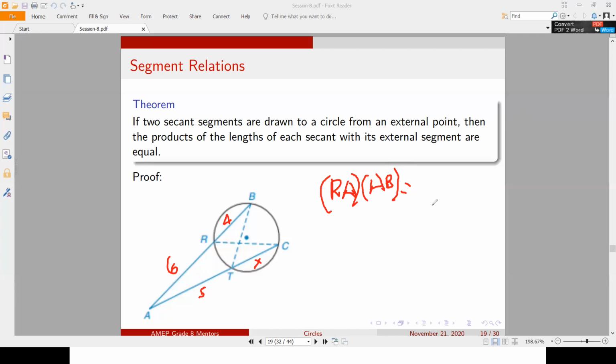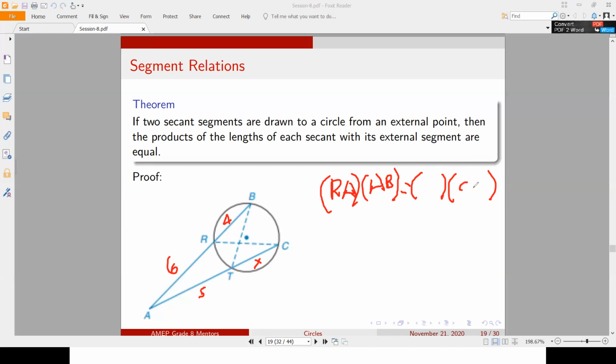Doon sa kabila, ano yung external part? O sige, ano muna yung secant sa kabila? Ano yung isa pang secant? Secant CA po.